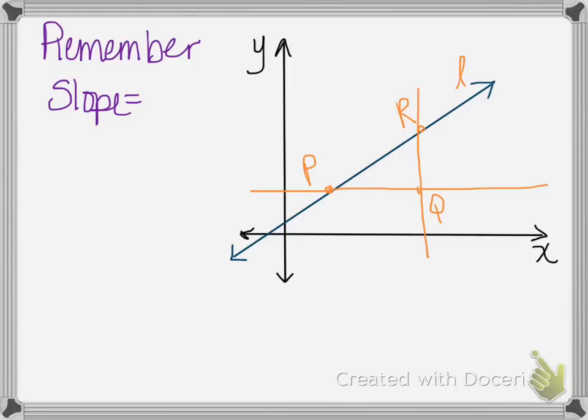And so think for a minute, see if you can remember what ratio we are using to come up with this number for slope.